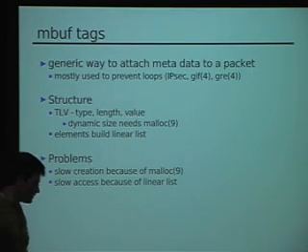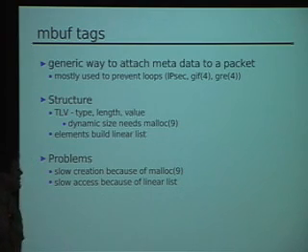We added later on the so-called mbuf tags, which is a way to attach metadata to a packet. This is mostly used to prevent loops inside the network stacks that we have when we use tunnel interfaces like GIF, GRE, or IPsec, where the packet comes in, it's modified, and then re-enters the same function again, like most of the time IP output.